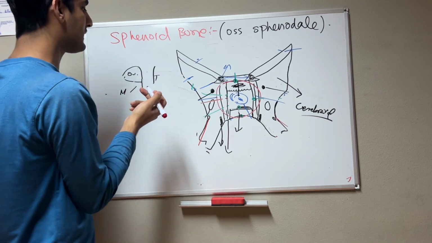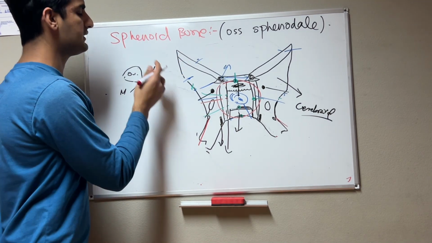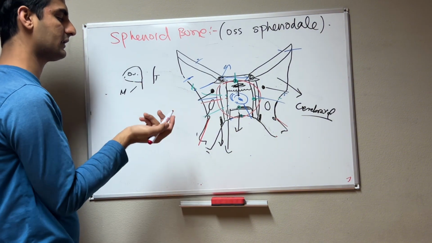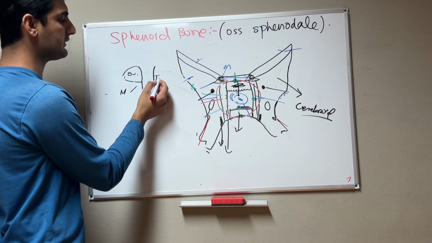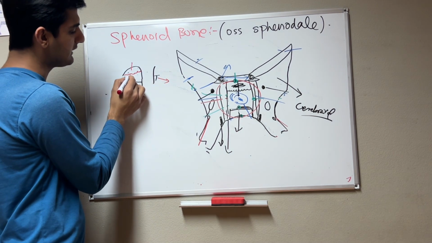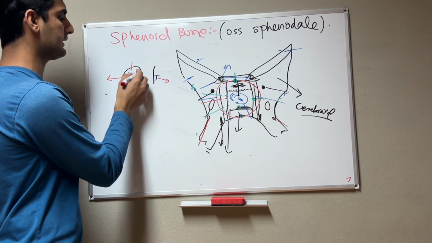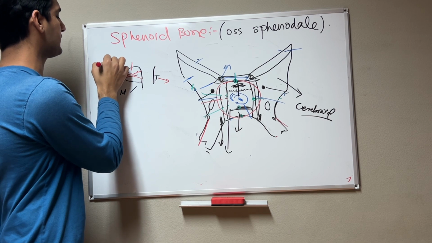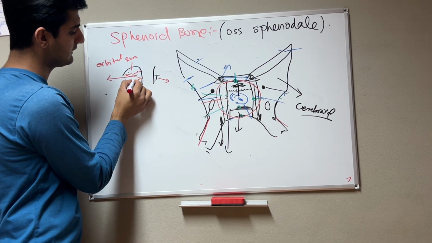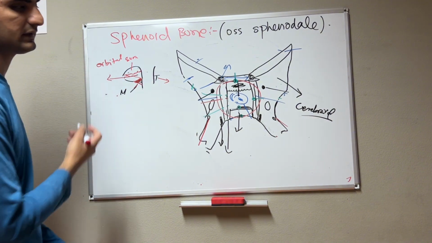But here it is called the temporal surface of the greater wing, because it is near the temporal bone. In the orbit, the area we discussed in the frontal bone, and this area is for the sphenoid bone, the greater wing. This is the orbital surface. And this area near the angle is the maxillary surface, because it is facing the maxilla.